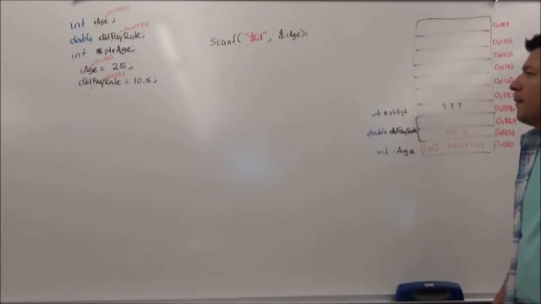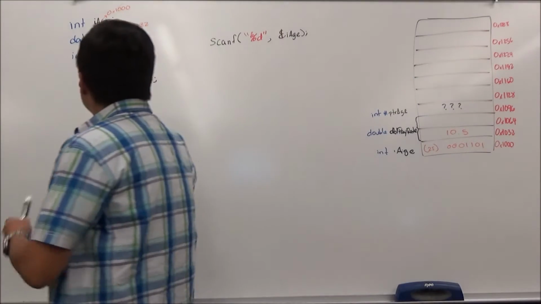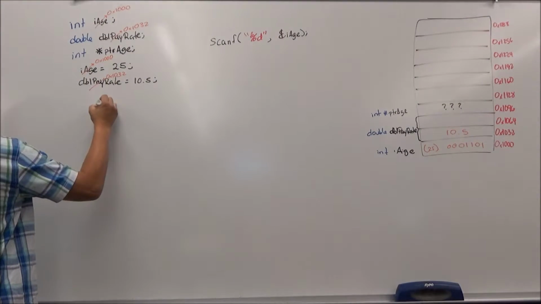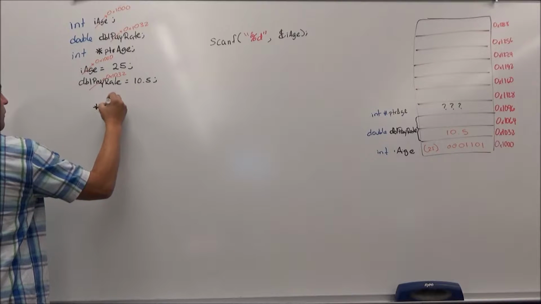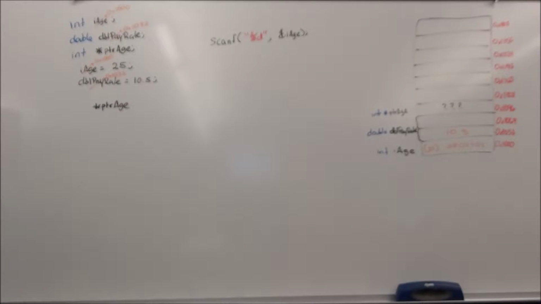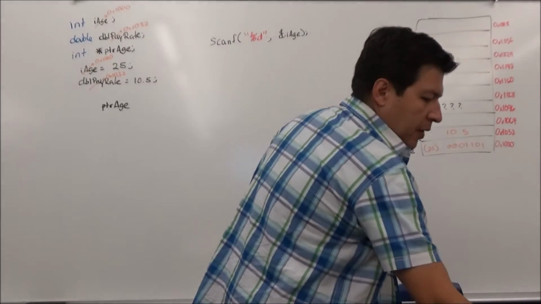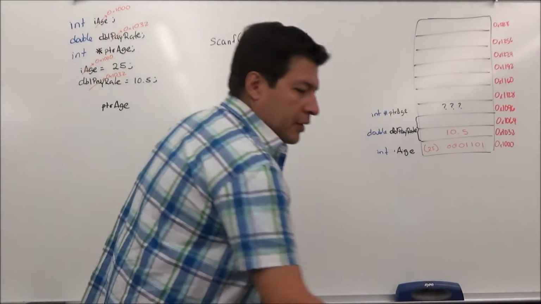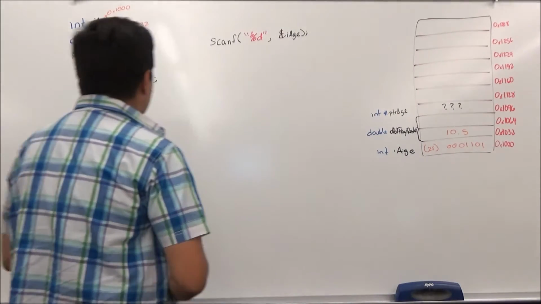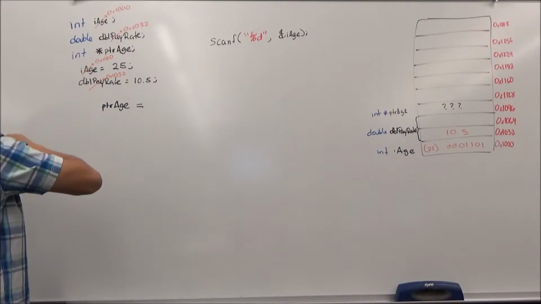So I'm going to give it a value. They work the same way. I think it's like this, when I'm assigning an address. So to assign an address, I want to assign the address of H.